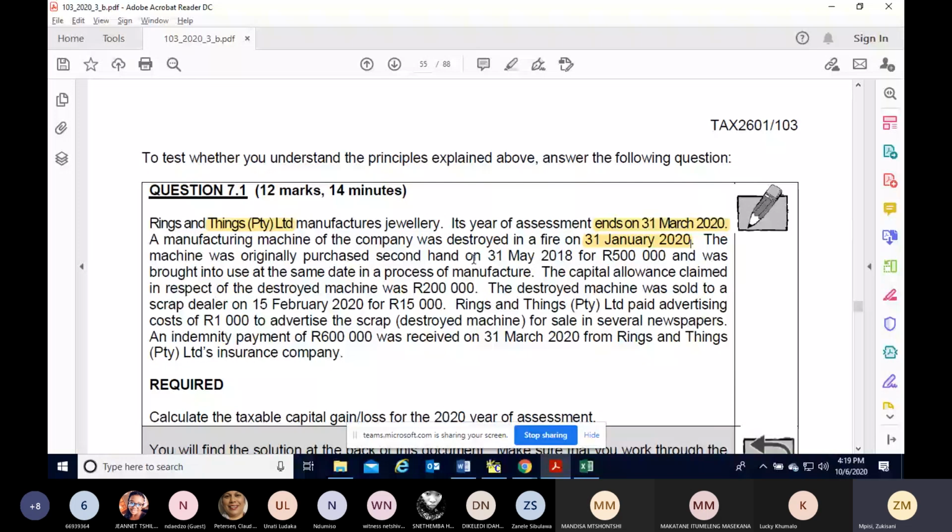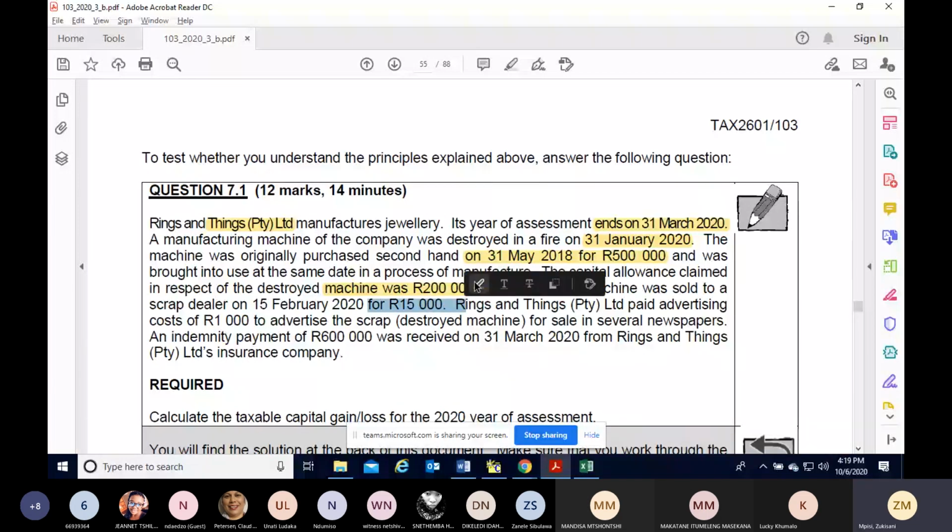So we can see this is after the 1st of October 2001. It was brought into use the same date in the process of manufacture. The capital allowances claimed in respect of the destroyed machine were 200,000. The destroyed machine was also sold to a scrap dealer on 15 February for 15,000.